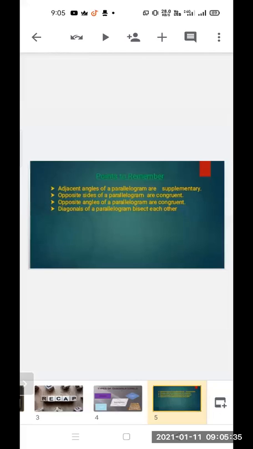So these were the four most important properties of a parallelogram, which we are going to apply in this chapter to solve the problems.